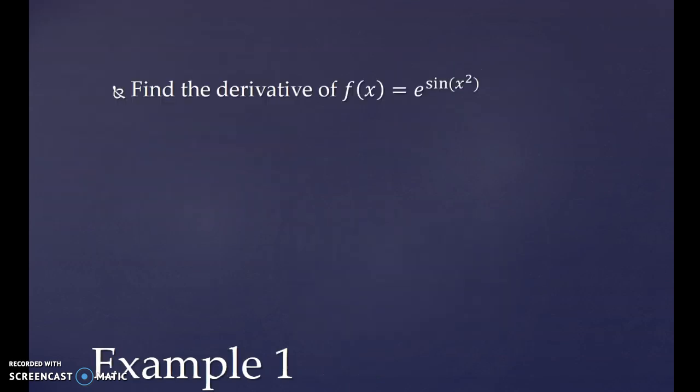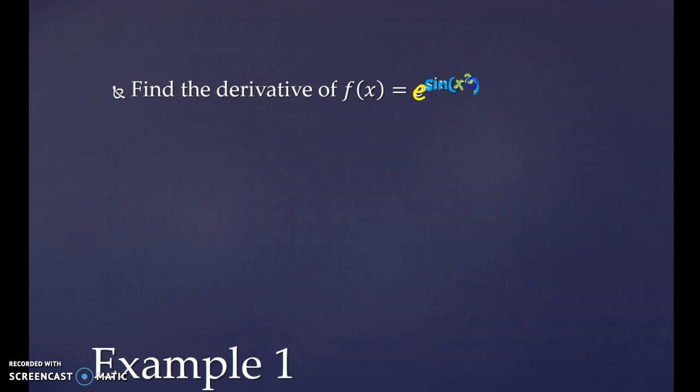One thing to be aware of if you are doing a derivative of e to the x is that if it involves e to anything other than just a plain old x, it's going to have a chain that goes with it. So this is e to the sine of x squared, so it's actually a chain of chains.